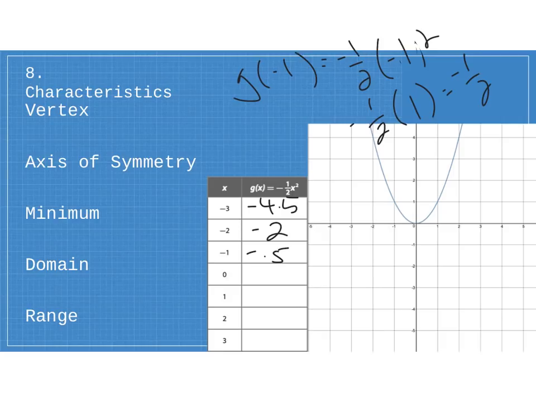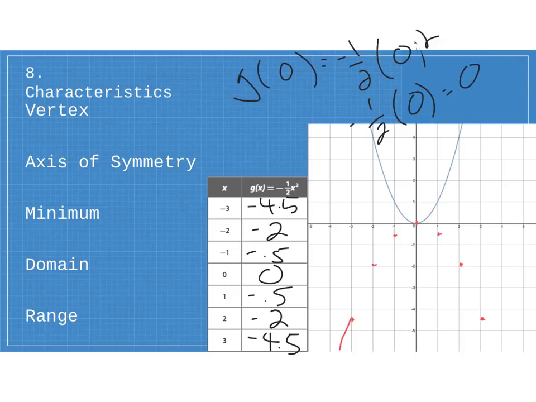Then substitute 0 in, and you get 0. And as we saw in the last parabola, this all gets mirrored. And so we get -3, -4.5, -2, -2, -1, -1/2, 0, 0, 1, -1/2, 2, -2, and 3, -4.5.